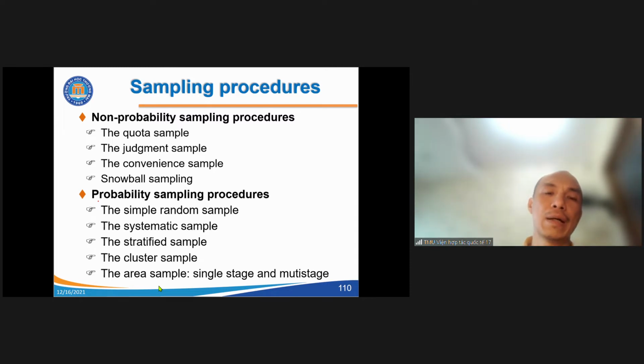Then any researcher has to think about which one is suitable, and each kind has different advantages and disadvantages. So depending on the objective of the research and the ability of the researchers, they can choose the suitable one.